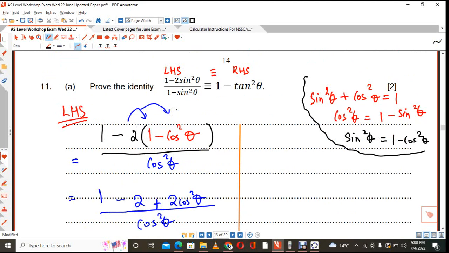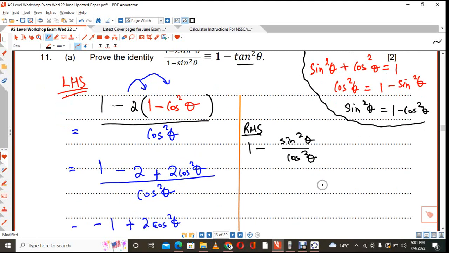You simply will say, okay, the right-hand side would be 1 minus, now tan square theta, here's the thing, tan theta is nothing but sin theta over cos theta. Okay, so I can say sin square theta over cos square theta, and then I separate them.